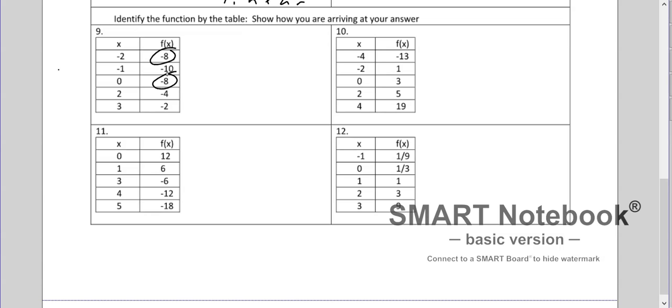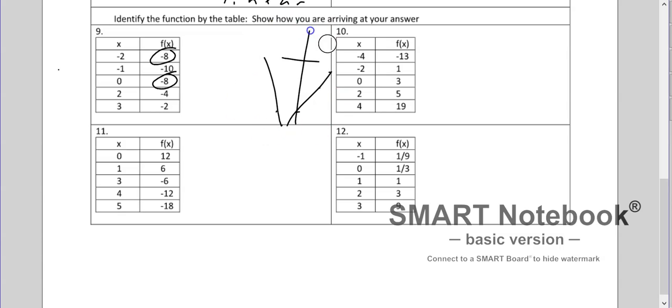And if you actually put this in Desmos and you did -2, -8, and -1, -10, and then 0, -8, and then 2, -4, and 3, -2, you would see that you have an absolute value equation. So that's another way to work around this without getting this wrong.